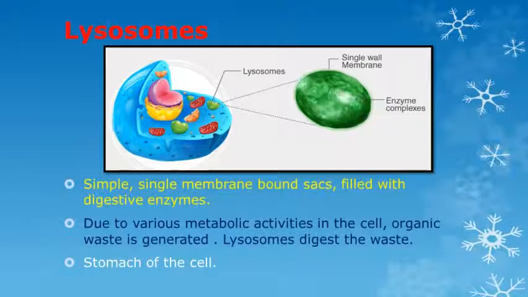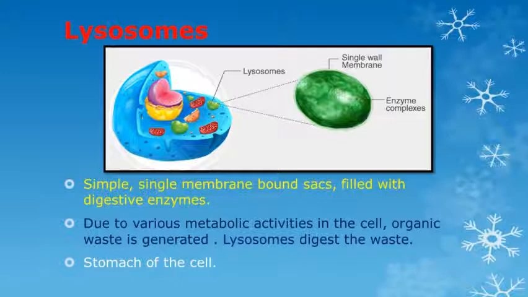So lysosomes are simple single membrane bound sacs filled with digestive enzymes. That means these are the membrane bound sacs which are filled with the digestive enzymes, and due to various metabolic activities in the cell, organic waste is generated.